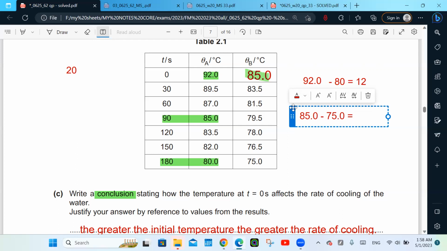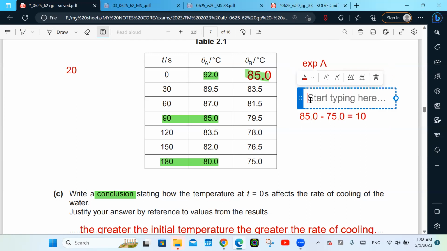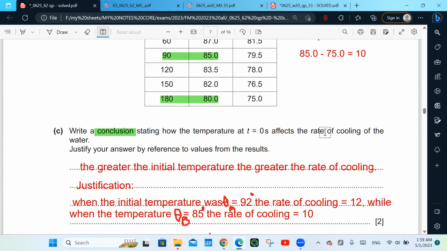So the difference was 10. So which is greater here? Take a look. In experiment A, the rate of cooling was 12. But in experiment B, the difference was 10. So which is the greater rate of cooling?